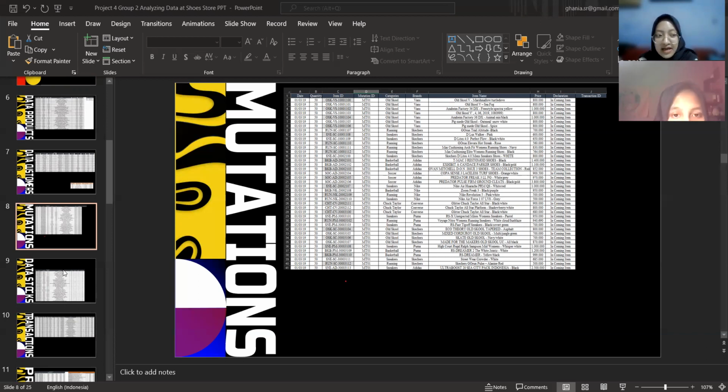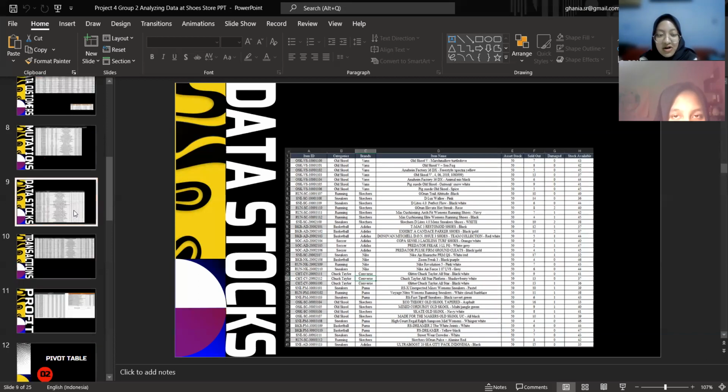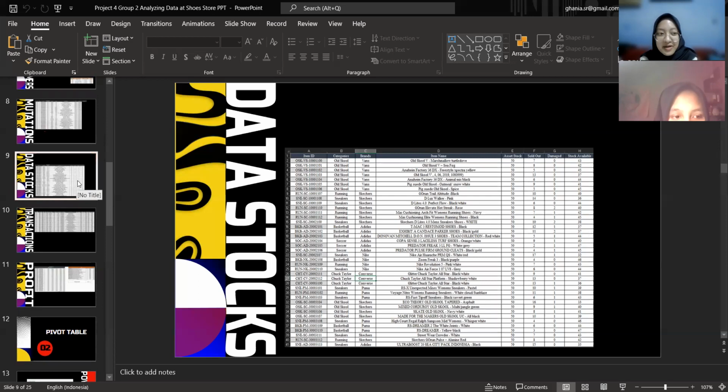Next, we have data stock, which is going to be explained by Davara. The next table is data stock. We have item ID, categories, brands, item name, asset stock, sold out, damaged stock, and stock available.